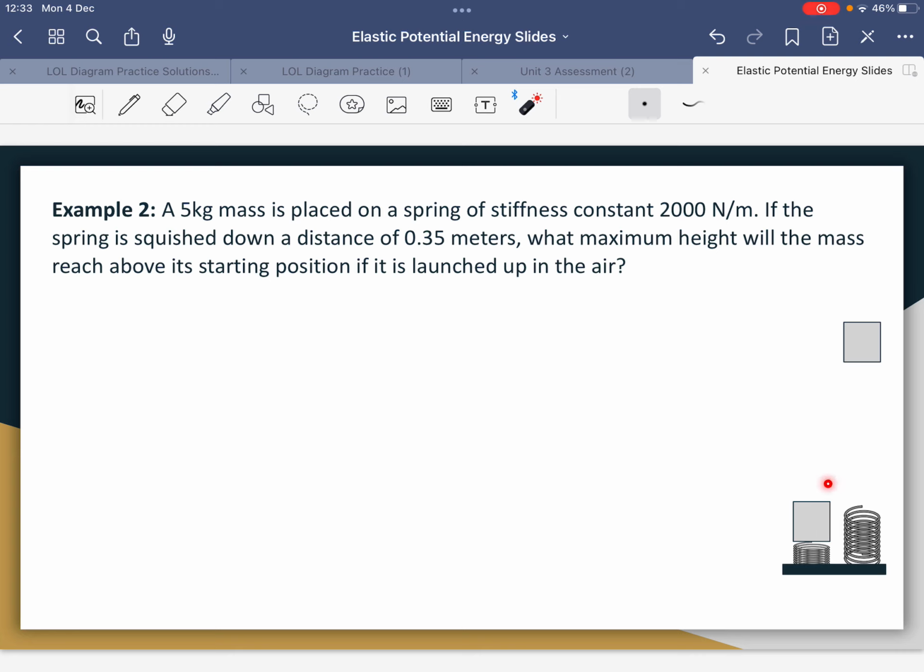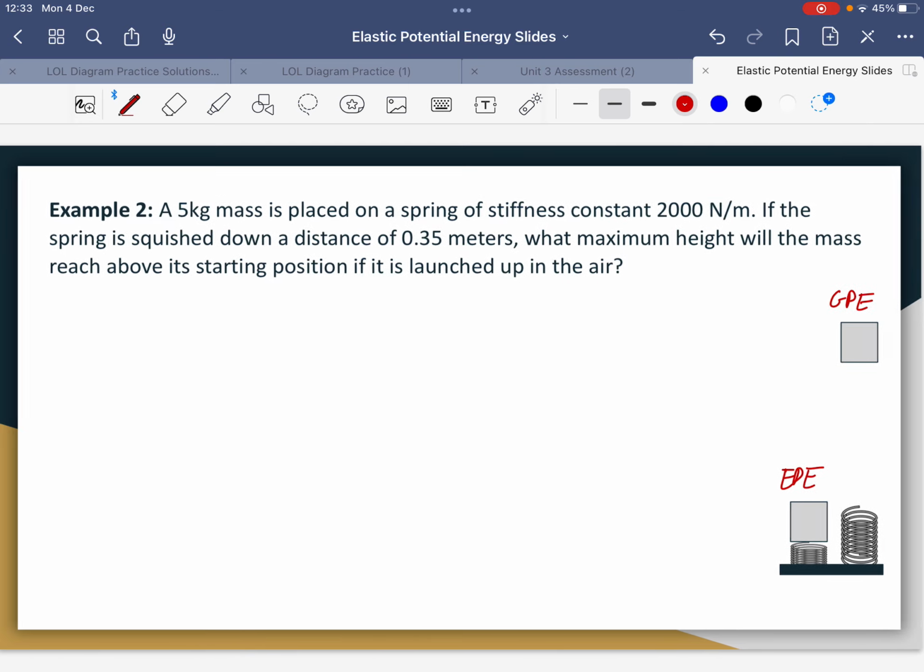Let's first think about the types of energy we have here. Initially we've got spring potential energy stored in the spring, and at the highest point the mass is not moving anymore, so it's got all gravitational energy. So we've got all spring energy turning into all gravitational potential energy. So we have EPE turning into GPE.